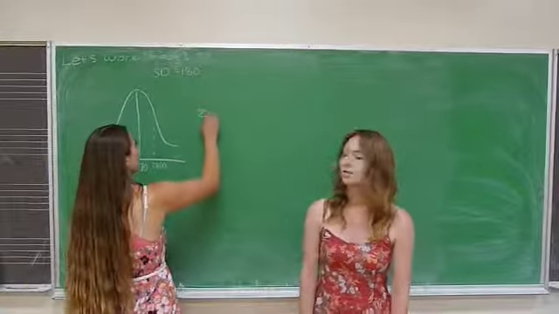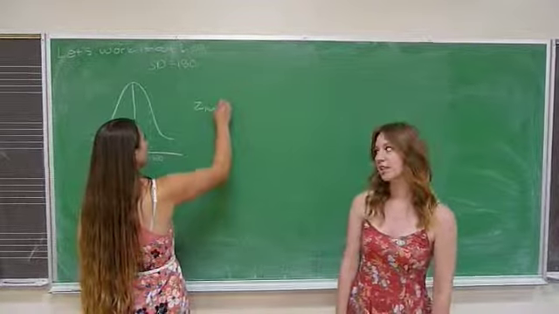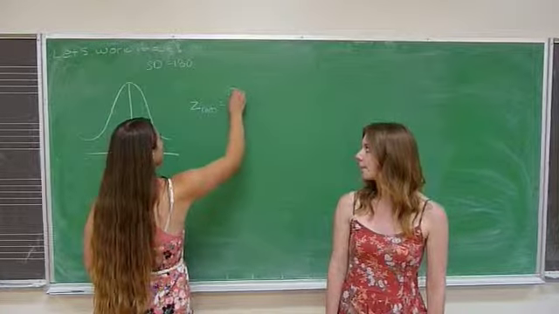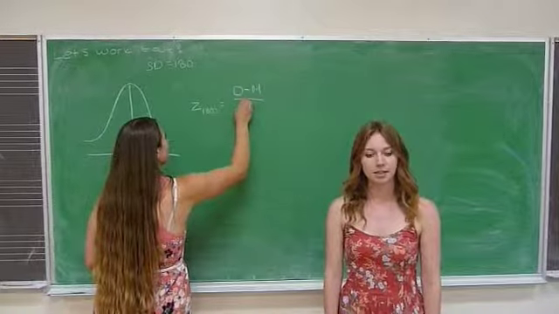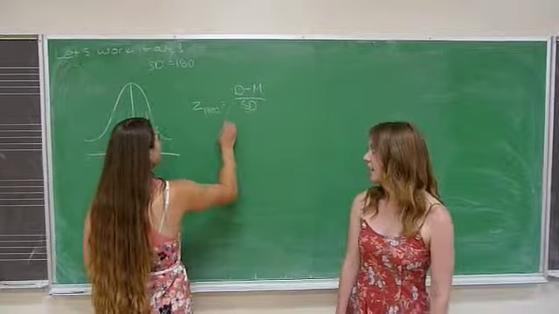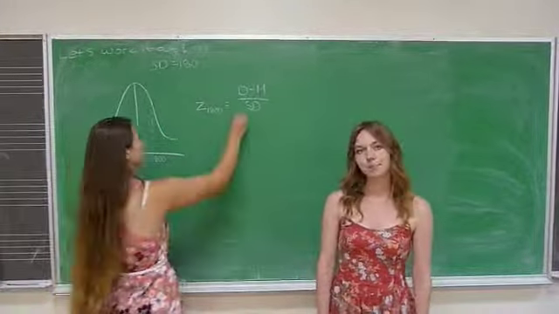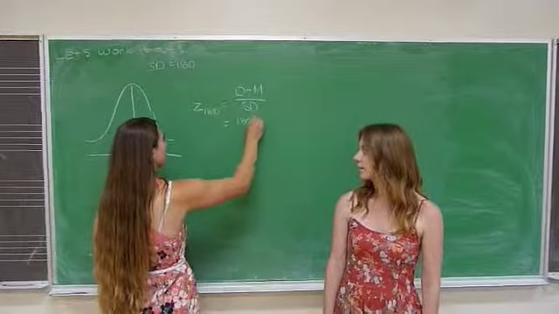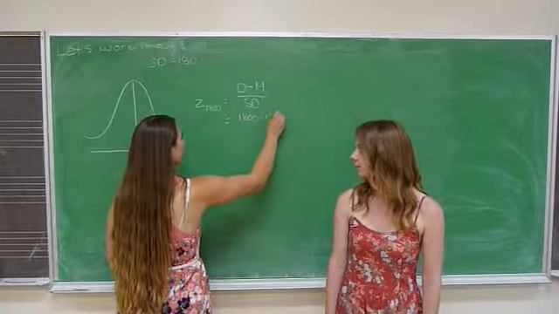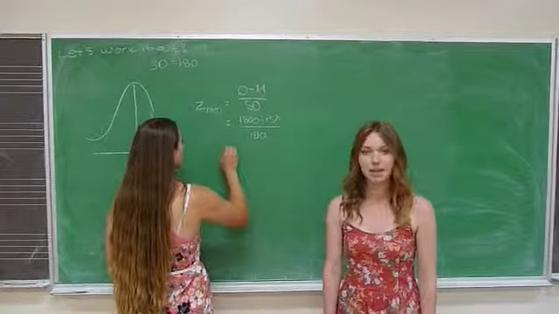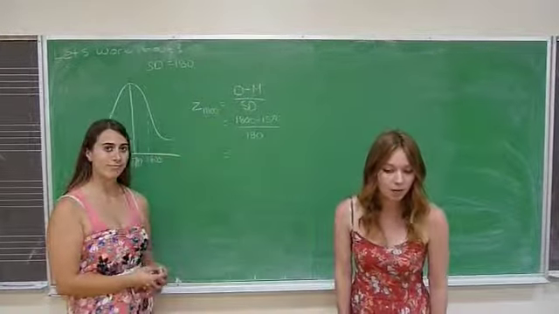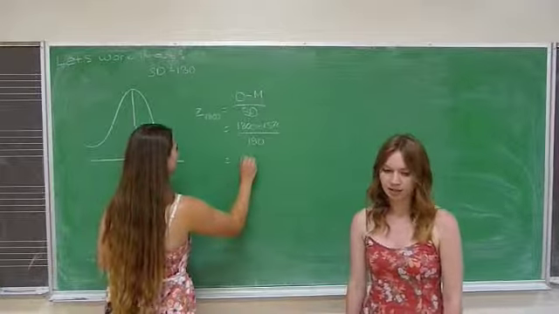To do this, we'll use our ZDMS formula in which z equals x, which is datum, minus mean, over standard deviation. So in this case, it is 1,800 minus 1570 over 180. So we calculated that, and we got 1.2778.